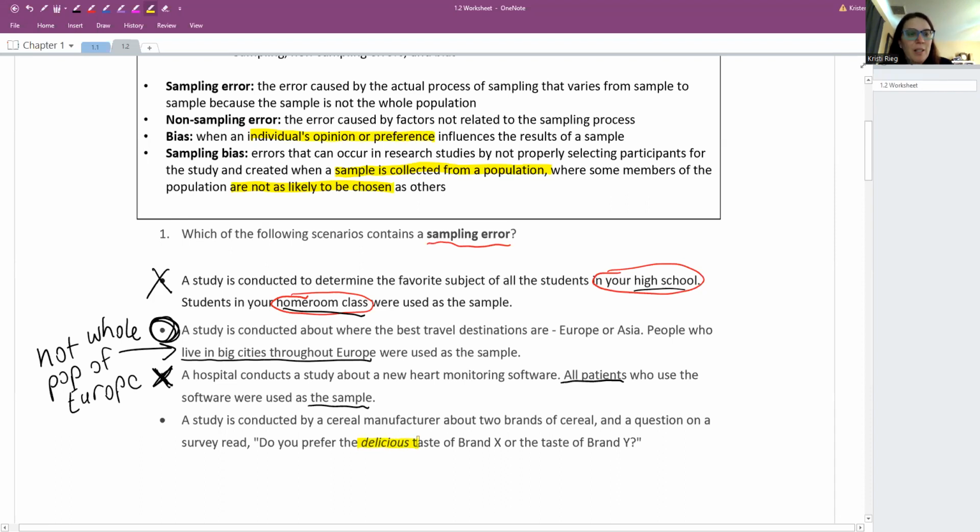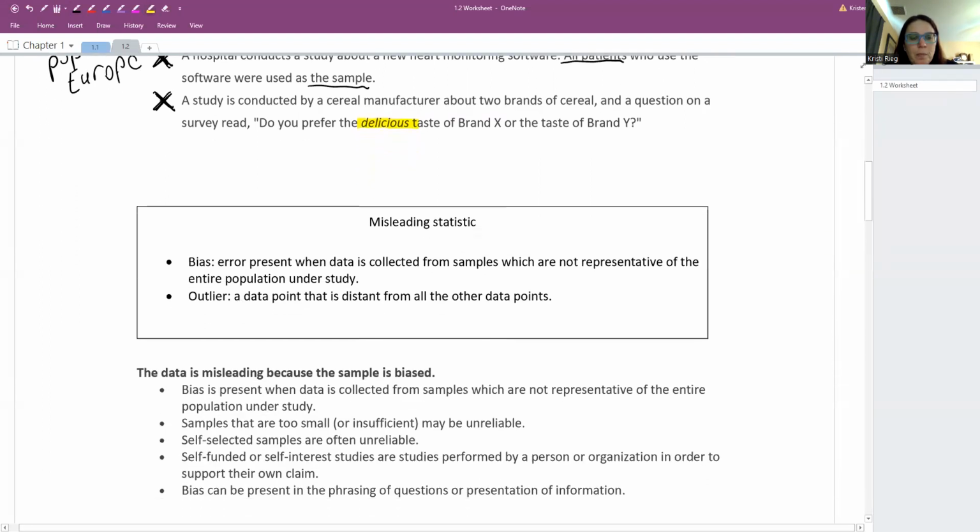So this is a problem, but it's not the problem that we were asking about. So that's not a sampling error. It's just a problem called bias. Yay, vocabulary. Again, lots of vocab in chapter 1. Keep these definitions handy as you work through the homework, quizzes, and test.